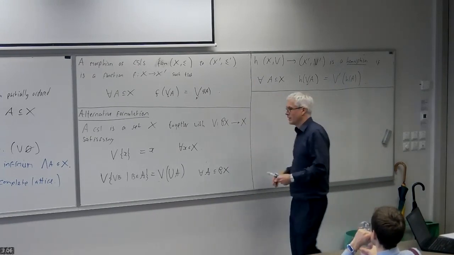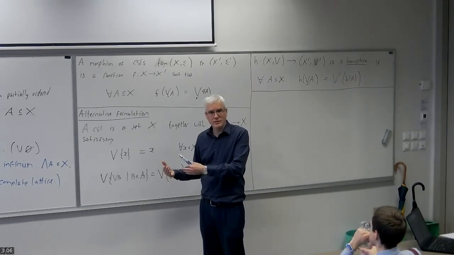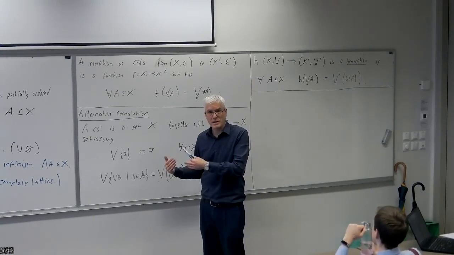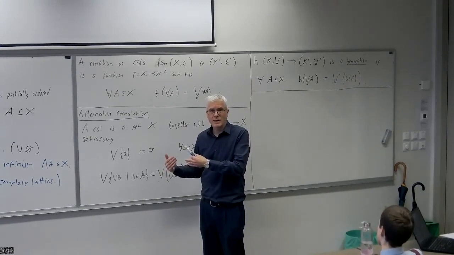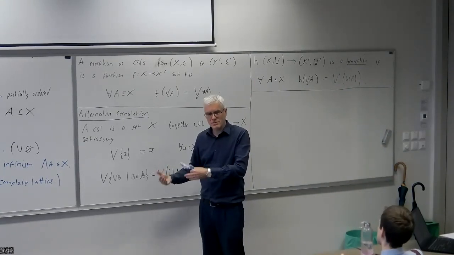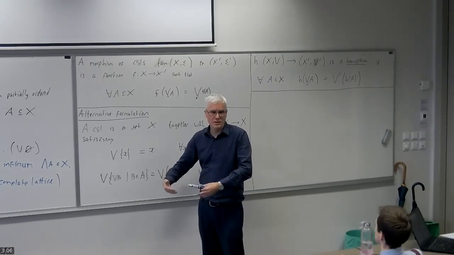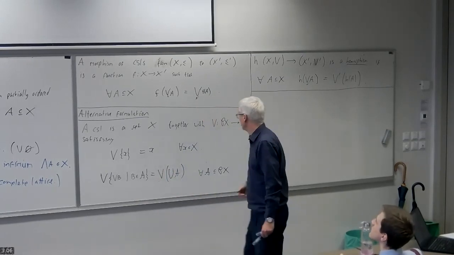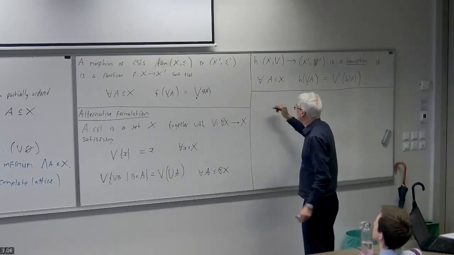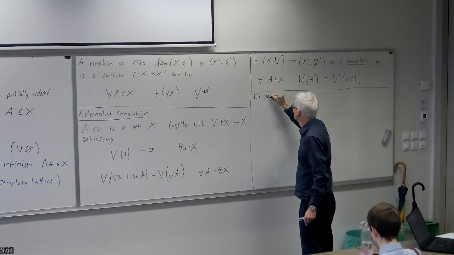So we consider the power set of a set. That's partially ordered by subset inclusion. And it's easy to see that that has joins, arbitrary joins, because if you take a family of subsets, the join is the union of those subsets. Okay, so a free algebra construction.